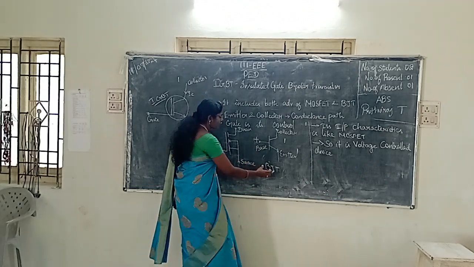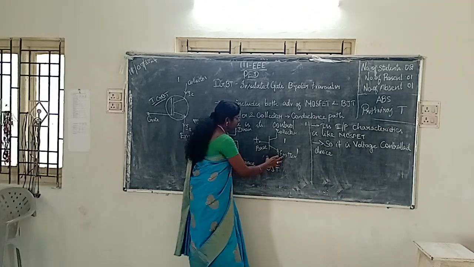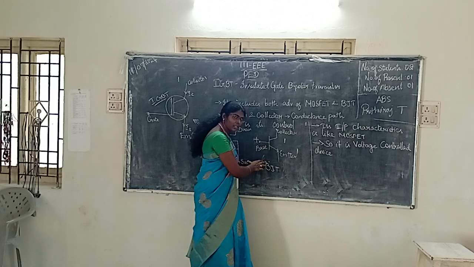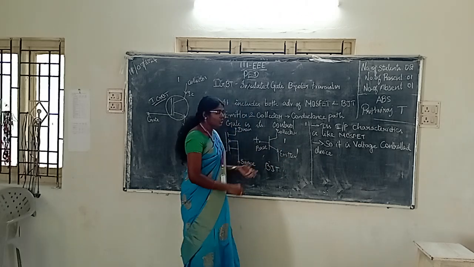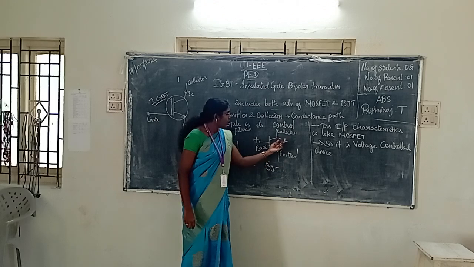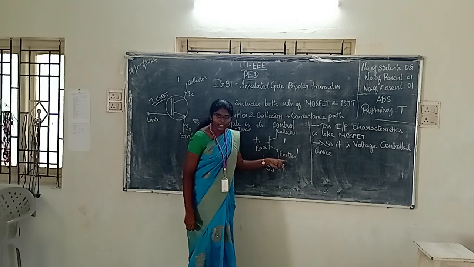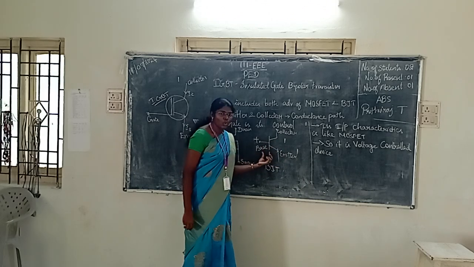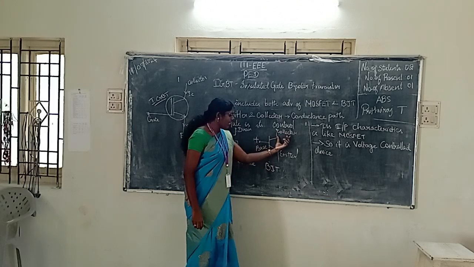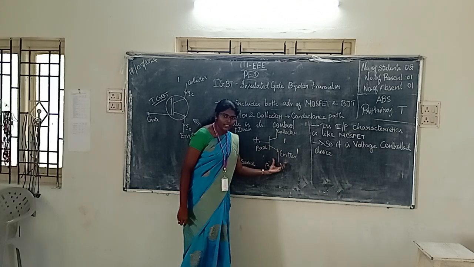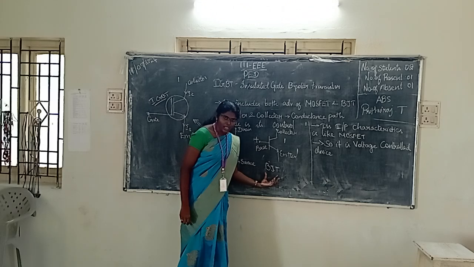It is also a 3-terminal device: base, emitter, collector. The collector and emitter are the conductance part, and the base is to control.